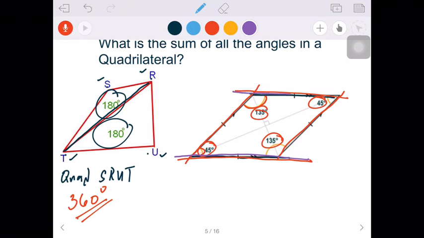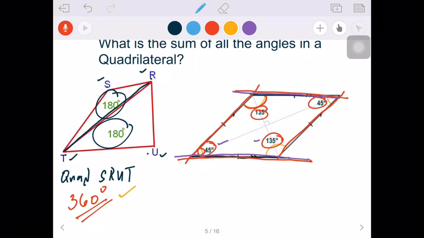If this is parallel to this, 45 here and 135 should also be same side interior. The same goes for the other angles if we want to prove them parallel. And so, we actually have formed a quadrilateral because the parallel sides form the four sides of our quadrilateral. And if you add up all the angles here, you will end up having 360 degrees.